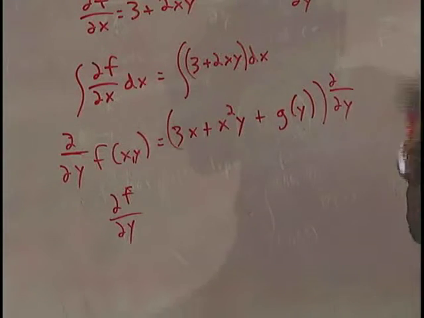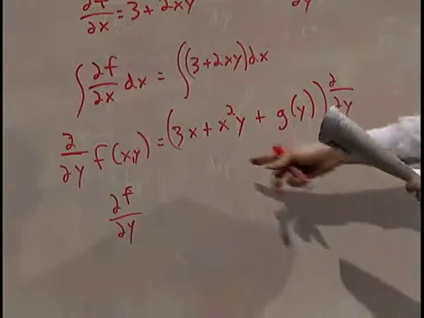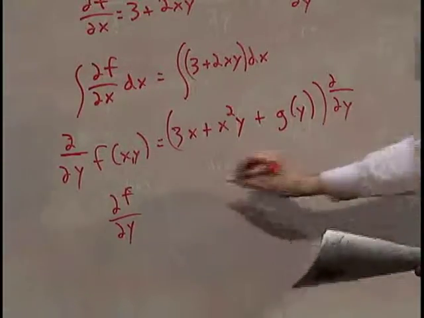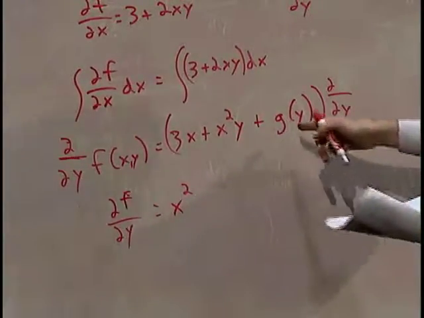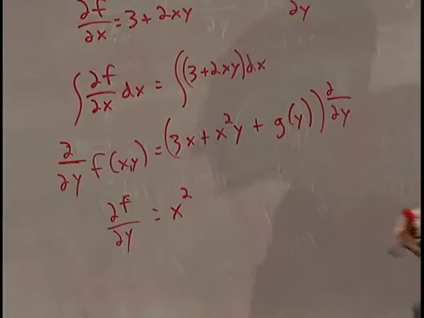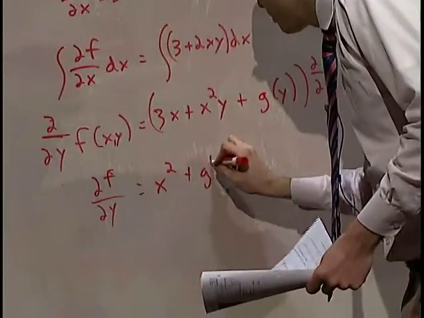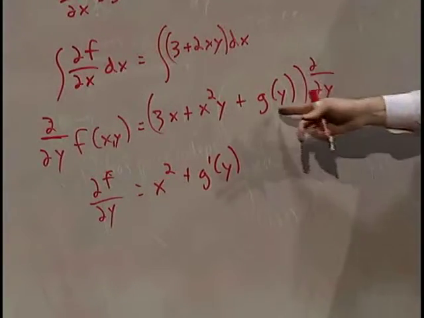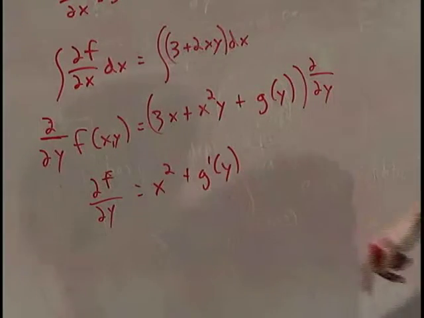If we differentiate f of x, y with respect to y only, it's partial f partial y, okay? On the right side, well, this term goes away. The 3x is gone. And the x squared y leaves us just an x squared. And the derivative of g of y with respect to y is g prime of y, right? And that's all it is. There's only one variable to be differentiated with respect to here. It's just a function of y. So this is g prime of y.